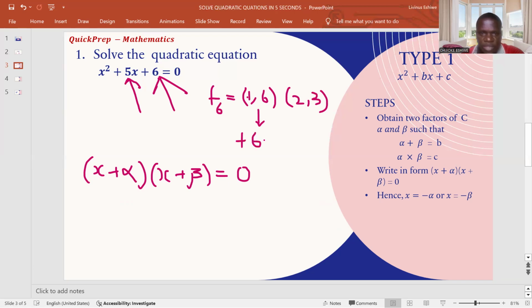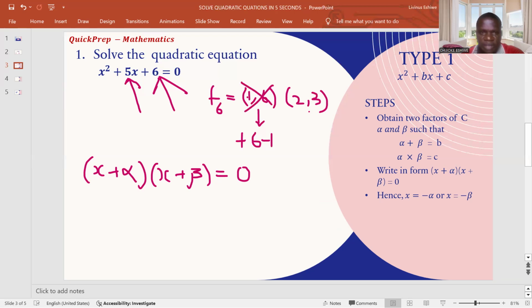Then we ask ourselves, how do we obtain 5 from positive 6? That should be minus 1. So when we take 1 from 6, we have positive 5. That's correct. But on the other hand, when you multiply positive 6 and negative 1 together, you obtain negative 6, which makes this factor not okay.